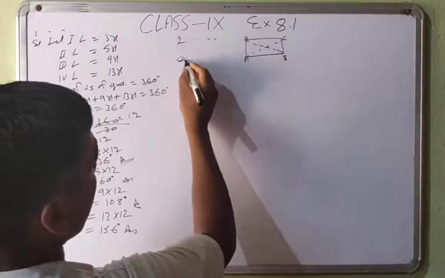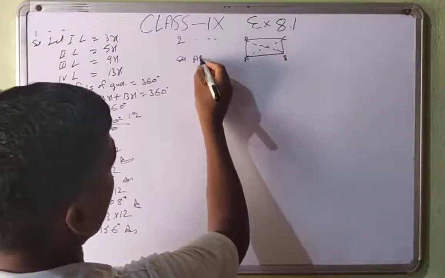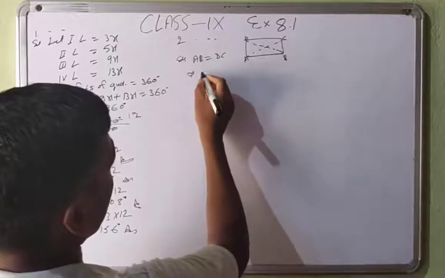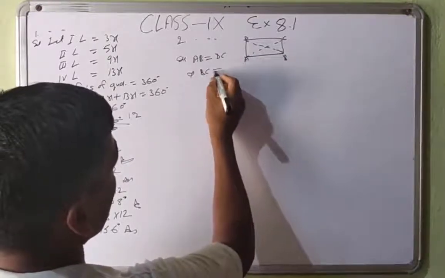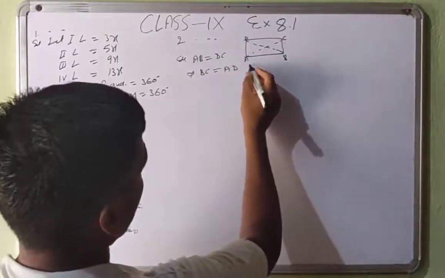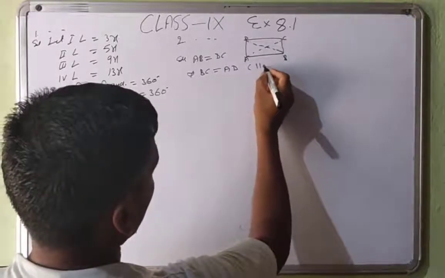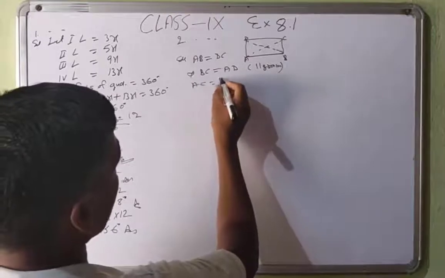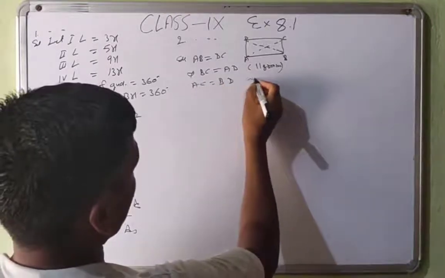So the solution: AB is equal to DC and BC is equal to AD by parallelogram. And then AC is equal to BD is given.